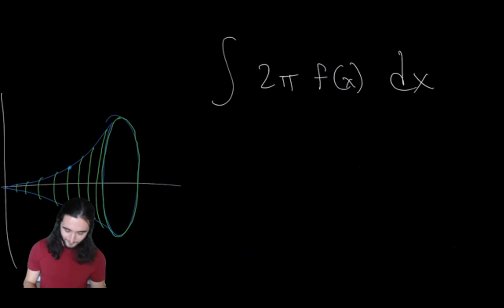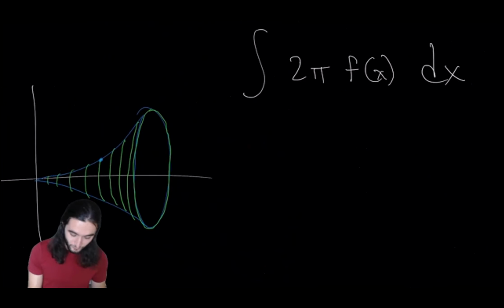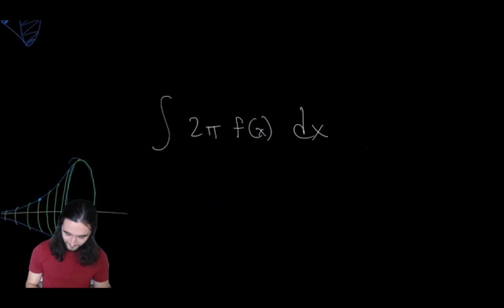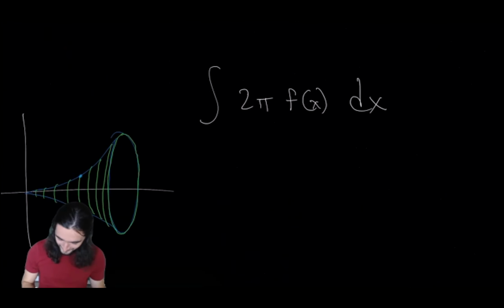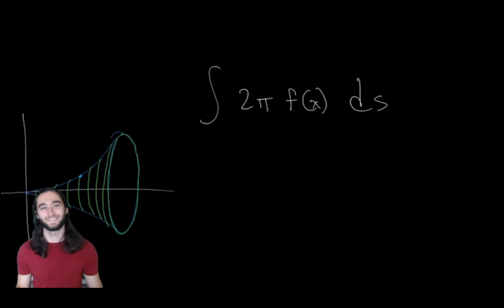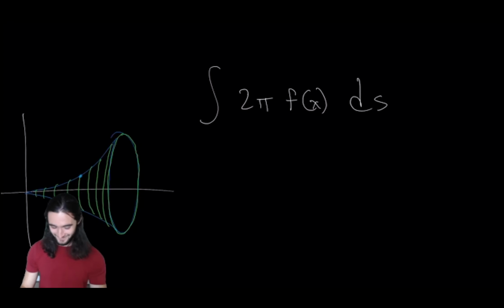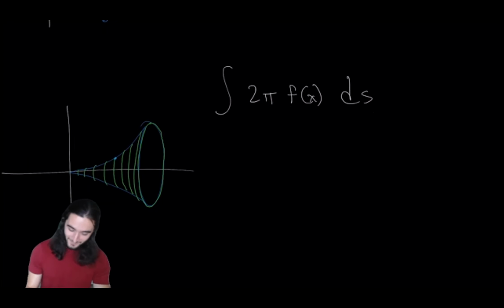You have to account for the fact that these circles themselves are not really stacked on top of each other. They kind of fall through each other. They're stacked in a curved type of way. So I know I'm being a bit hand wavy here, but the point is, it's ds, not dx, right?